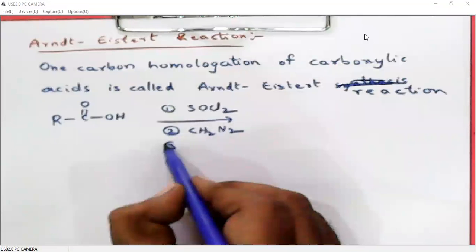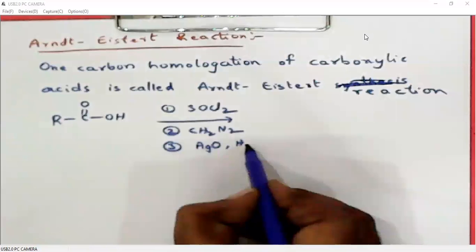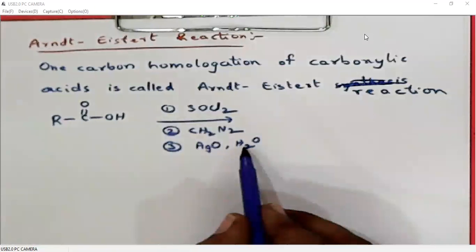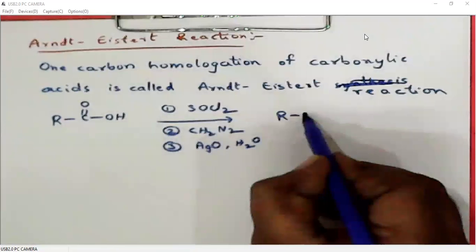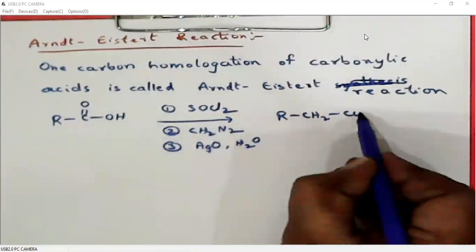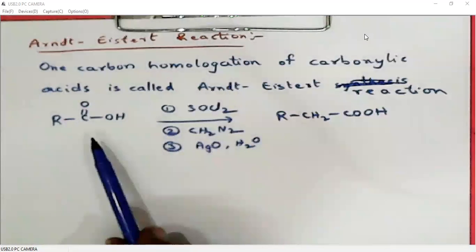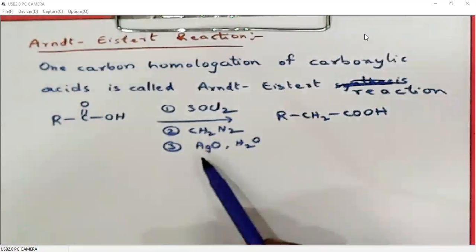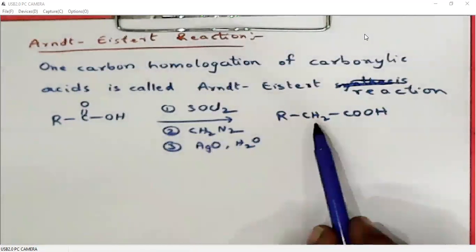That alpha diazoketone, upon treatment with a reagent, will be converted to ketene, followed by, if we use water, that ketene will be converted to carboxylic acid. So what is the final result? When a carboxylic acid is treated with thionyl chloride followed by diazomethane and a carbene generating reagent, what we will have is one carbon homologation of the carboxylic acid.